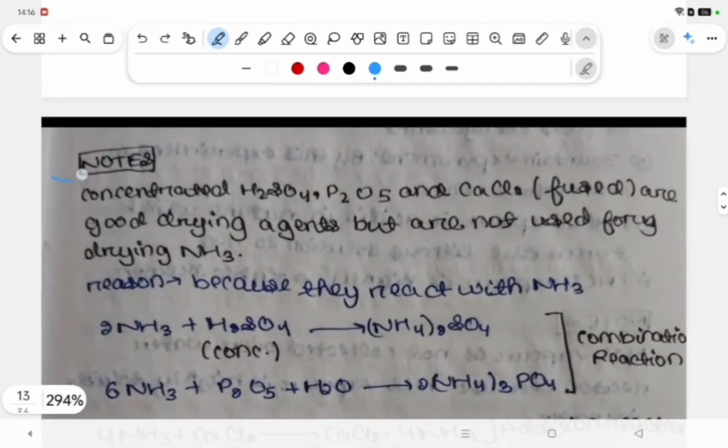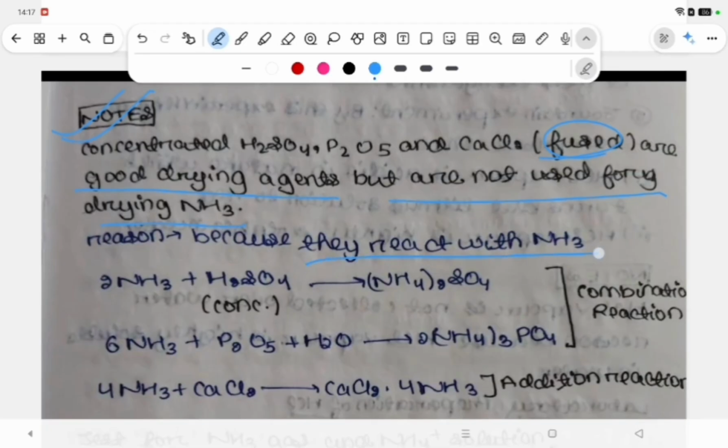One important note: concentrated H2SO4, P2O5 and fused CaCl2 are good drying agents but are not used for drying ammonia, because they react with ammonia.